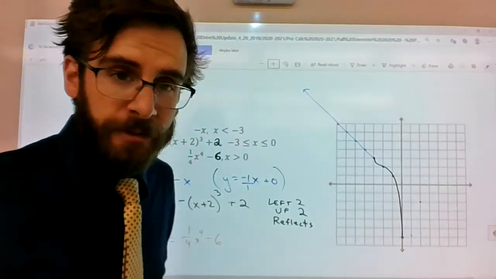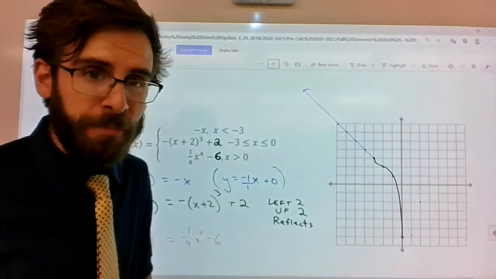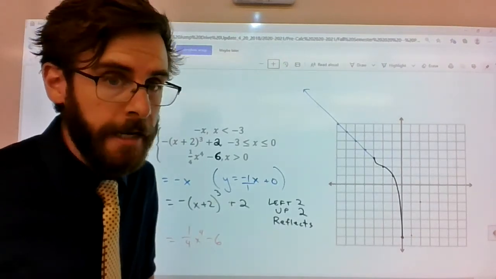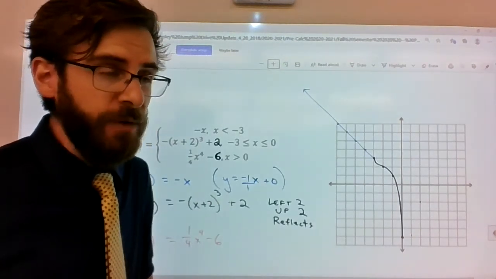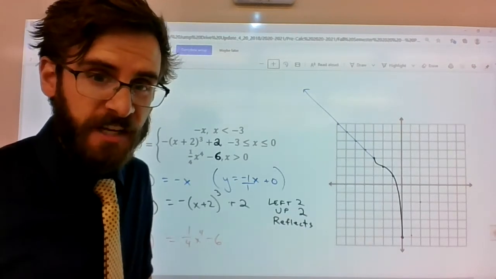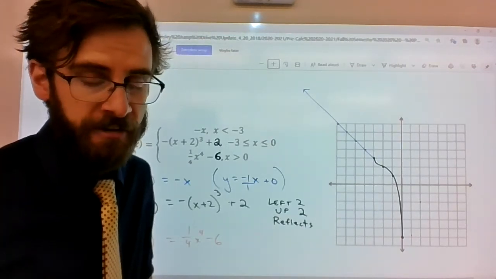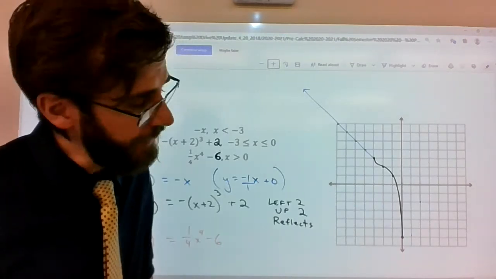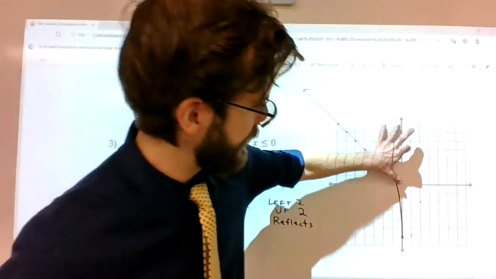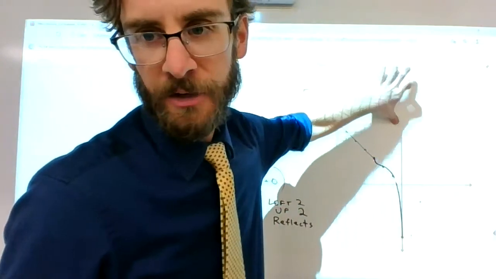And then when we plug in 3, 3 to the 4th power is 81. So 81 times a 4th is going to be 20.25. Minus 6, 14.25. It's way up there, and it's probably about double this. Maybe a little bit more.